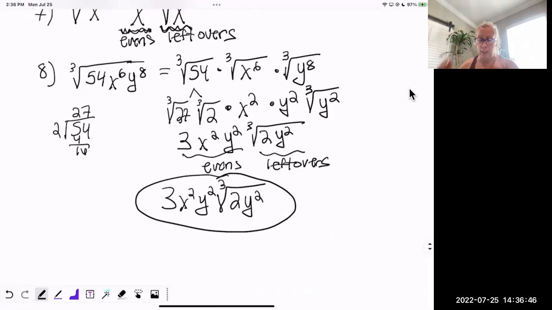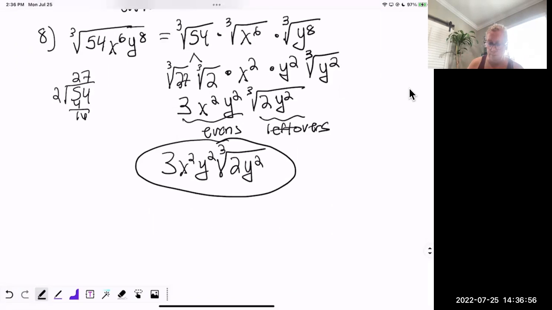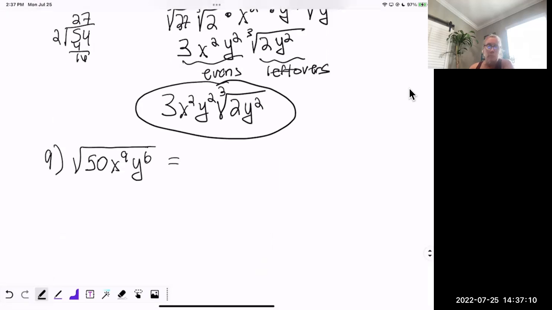And if you can try to think yourself, my evens go out, my leftovers stay under the radical, you'll be all right. Let's do another one. Let's do the square root of 50, x to the 9th, y to the 6th. So the square root of 50 times the square root of x to the 9th times the square root of y to the 6th.